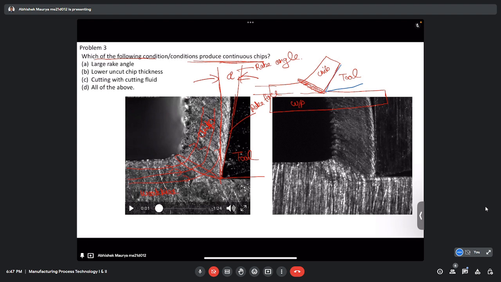And this is your uncut chip thickness or t1. So by giving this much of it, I will play the video again, and after that I will play 3 more videos and you have to tell your observation.